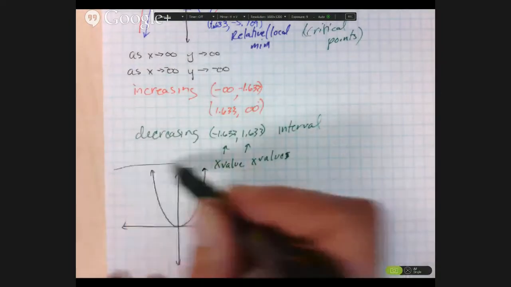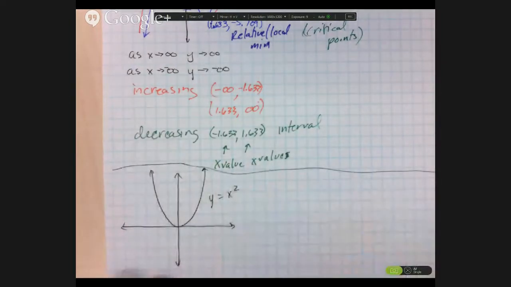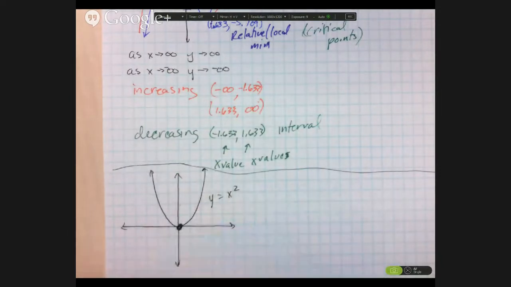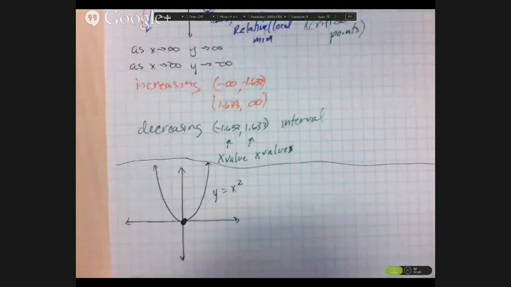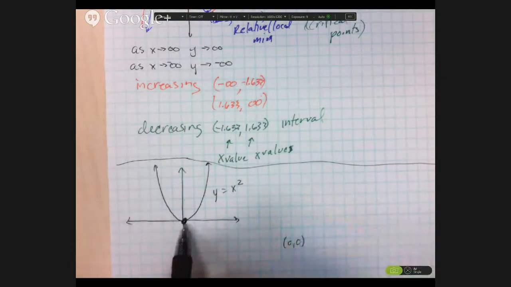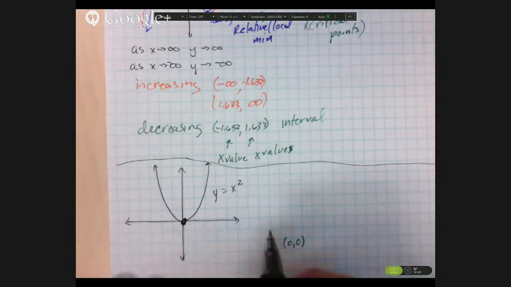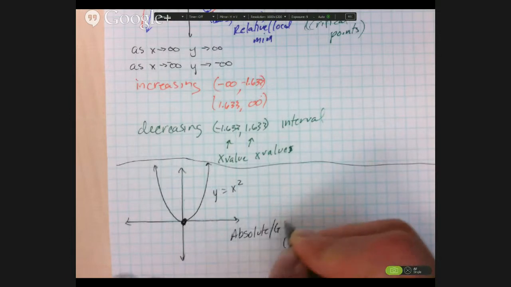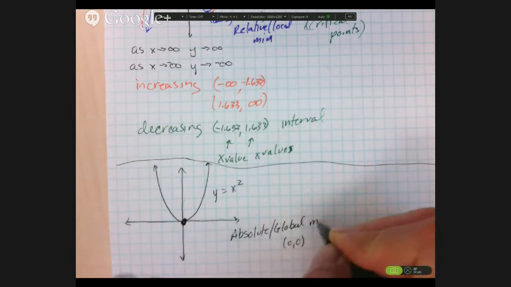Last thing, if you pay attention, otherwise I'll go to the bell. If that's y equals x squared, what's the minimum? Zero, zero is the minimum. It's a location, a point. Is it absolute or local? The other case is absolute, sometimes called global minimum or maximum.